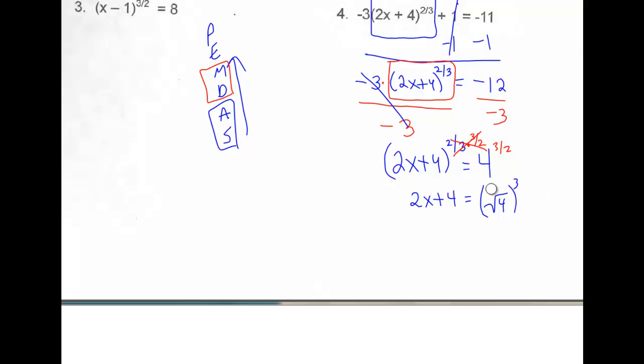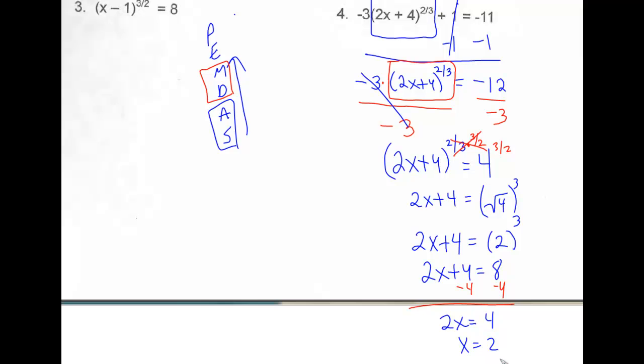And we don't normally put that square root, so I'm going to leave it off. 2x plus 4 is equal to, the square root of 4 is 2, and we cube it. So 2x plus 4 is equal to 8. To solve for x, subtract 4 from both sides. And we get 2x is equal to 4. So x is equal to 2.